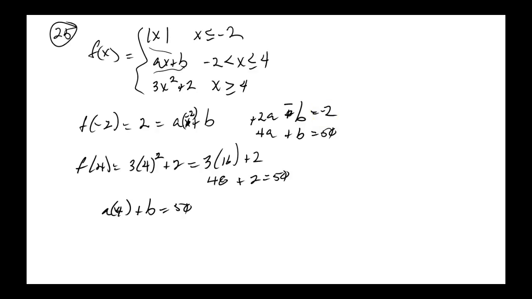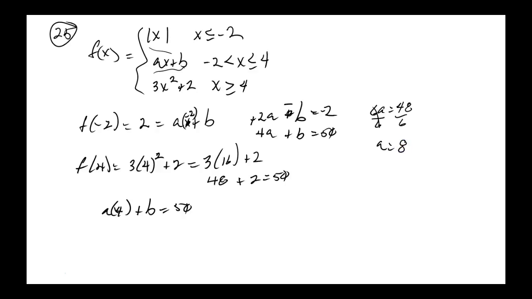Add those two together, and what do you get? 6a is equal to 48. Good. I think I messed up the signs. 48, and that would be a equals 8.